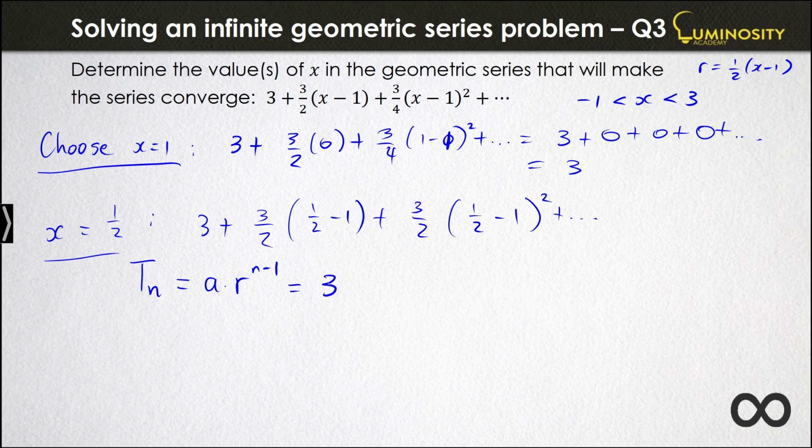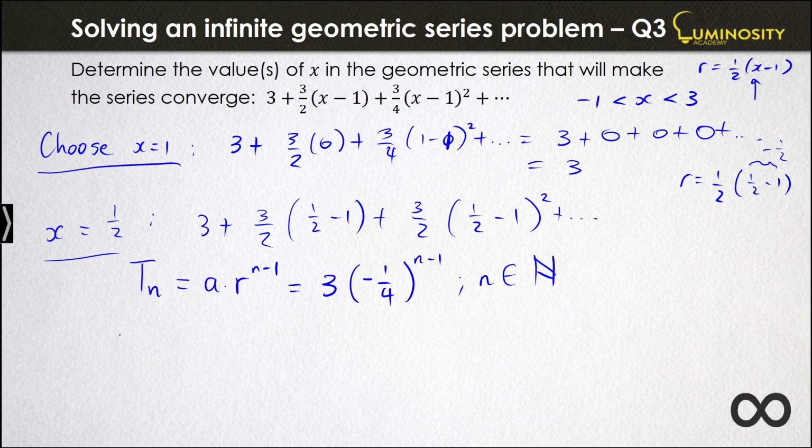So a is 3. If I put a half in here, I'm going to get r equals a half times (a half minus 1). Half minus 1 is -1/2 times a half, so I'll get -1/4 to the n minus 1. So that's what that sequence ends up looking like.